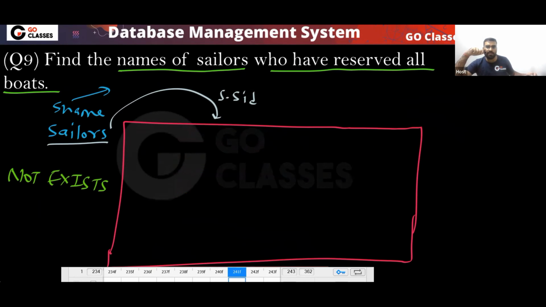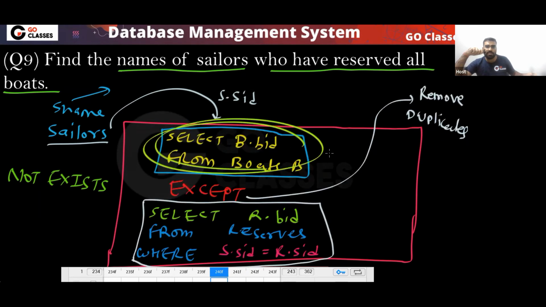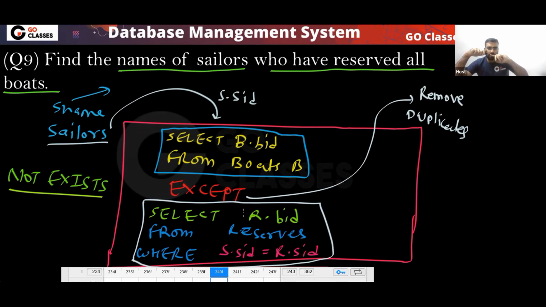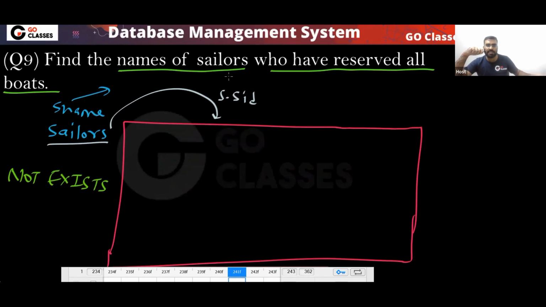From here you can send the BID inside. So this should not exist. What should not exist? You can find those BIDs for which there is no row of this type. See, very simple.